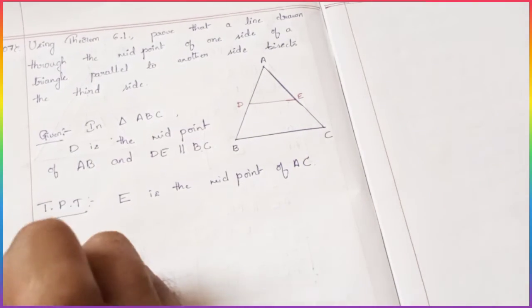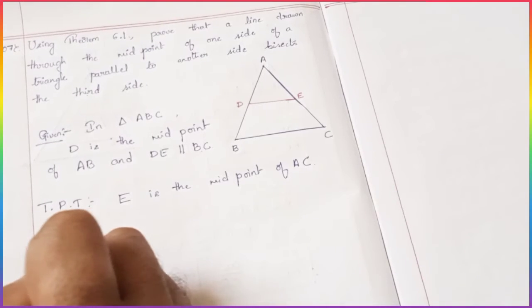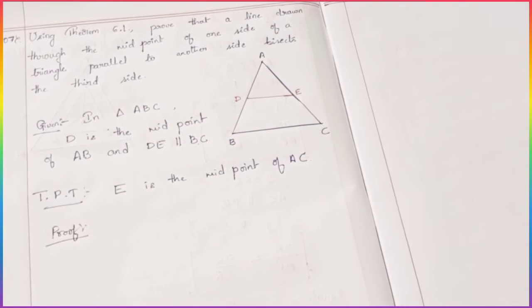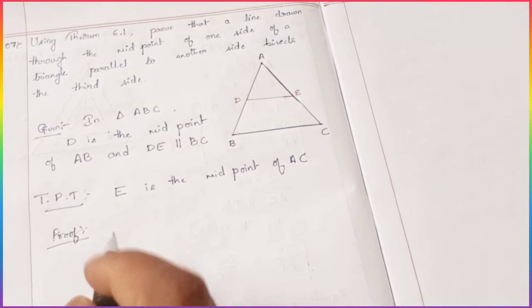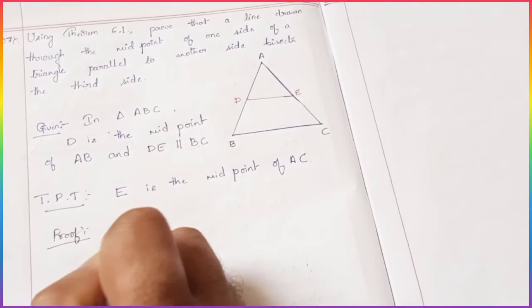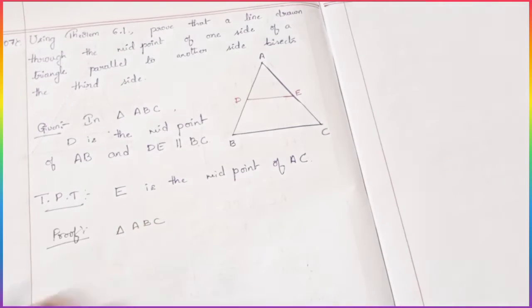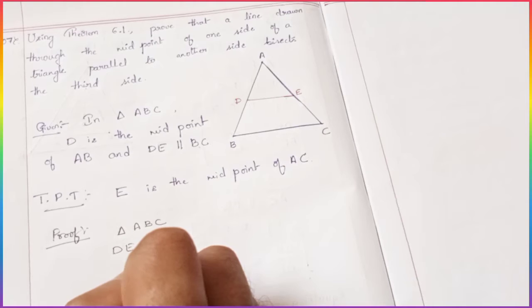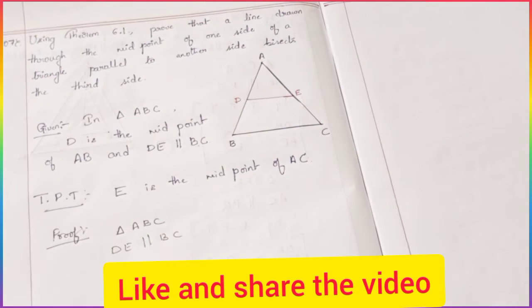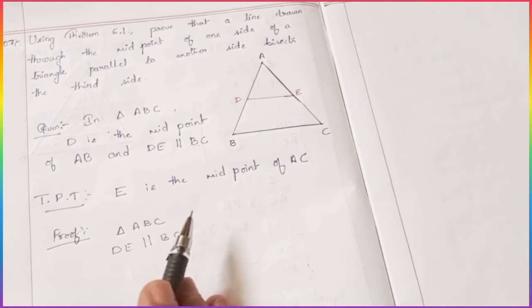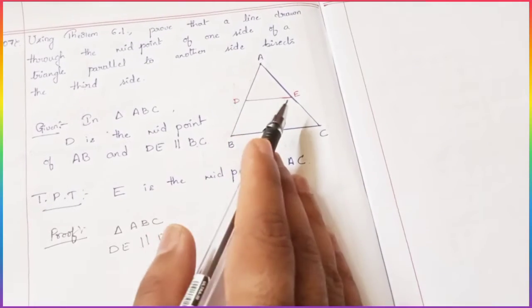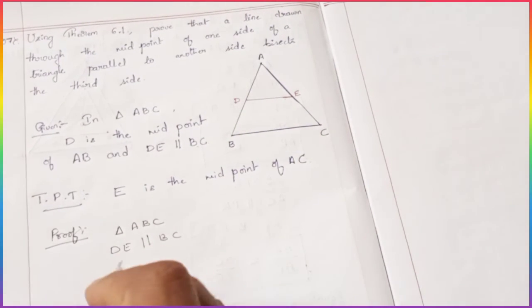To prove this, it is a very easy proof. We are using theorem 6.1, which is called Thales theorem. So we are considering triangle ABC. In this triangle, we already know that DE is parallel to BC. So by Thales theorem, if a line is drawn parallel to one side of a triangle, then that line divides the other two sides in the same ratio.